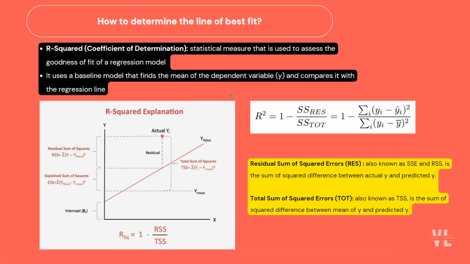Now, once we have covered all of the key components used to construct a simple linear regression model, finally we need to find a method that would help us to determine the line of best fit.